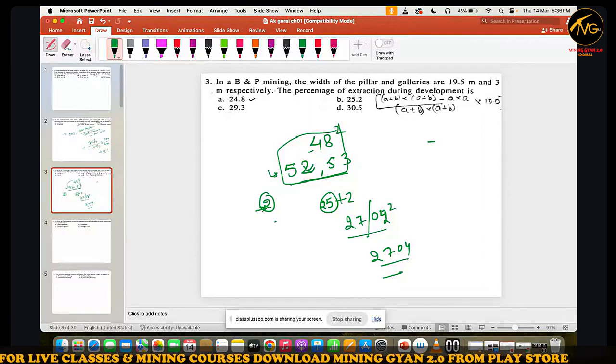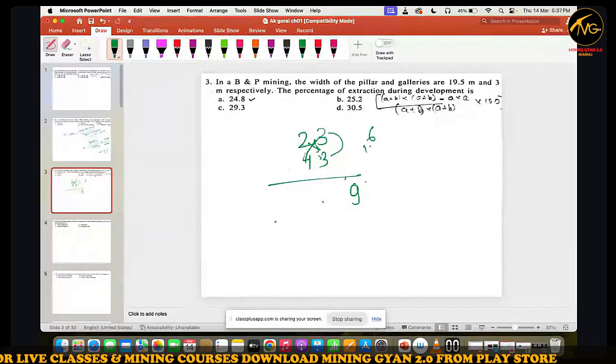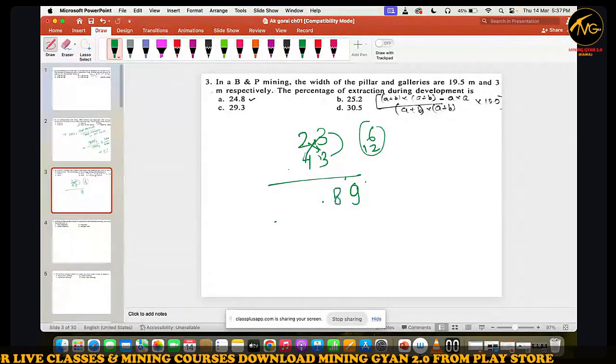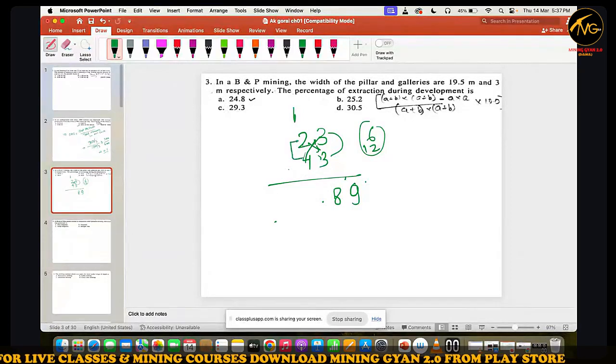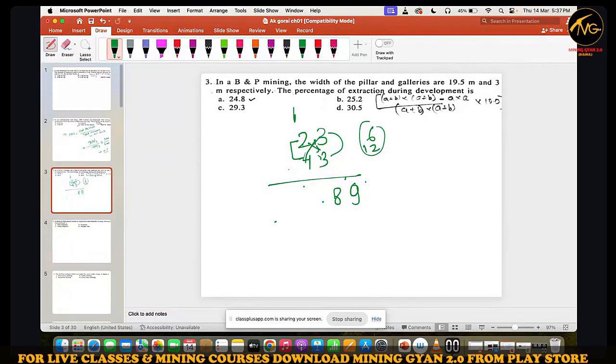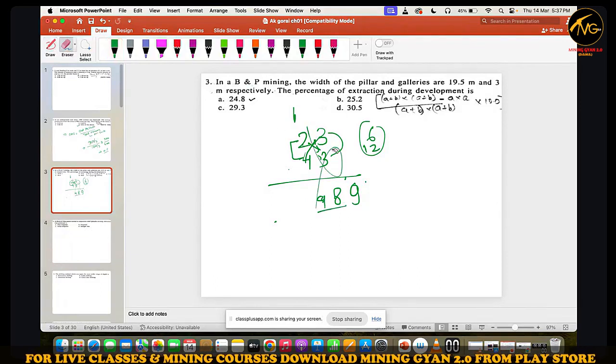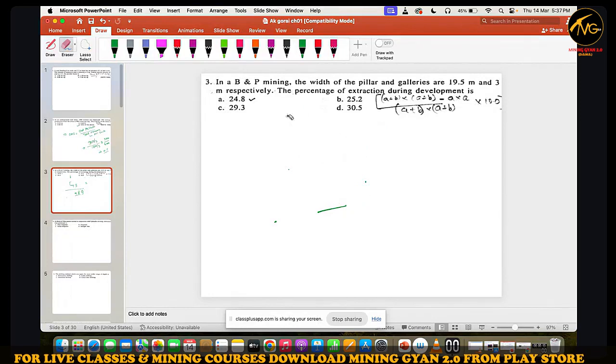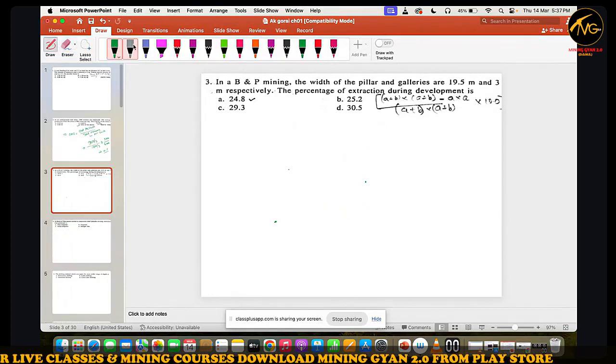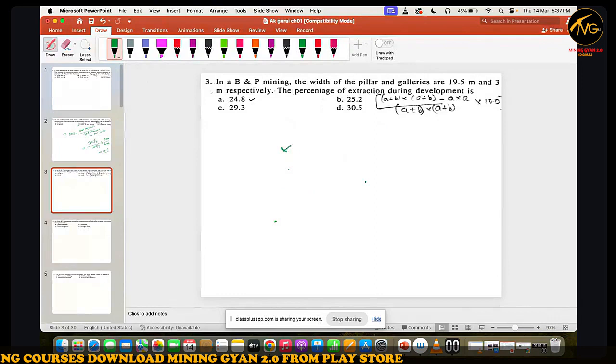Three times 6, 4 times 3 is 12. Add this one, 18. So 81. 4 times 2 is 8. 9. Okay, one day I will take a class that will focus only on how to solve the numericals, how to handle the data.